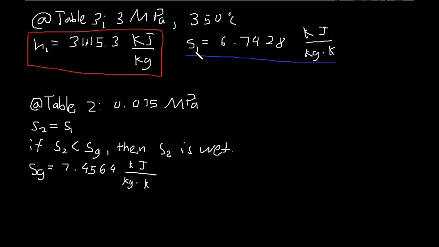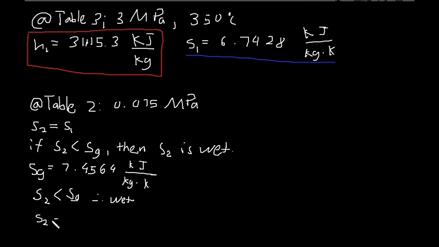Now, as you can see, S2 is less than Sg. Therefore, you have a wet vapor, and you need to solve for x. You can solve for x by using this formula.